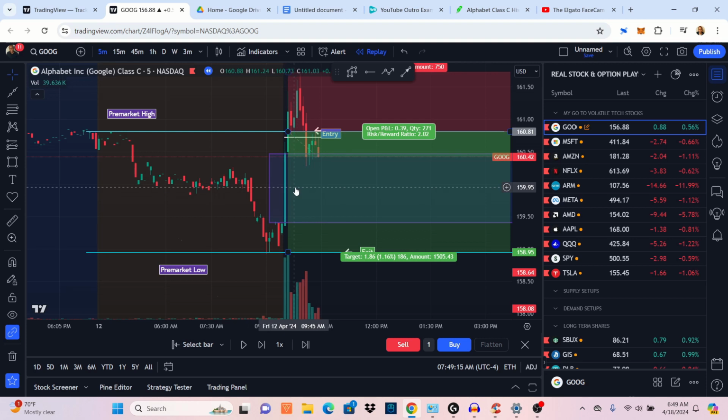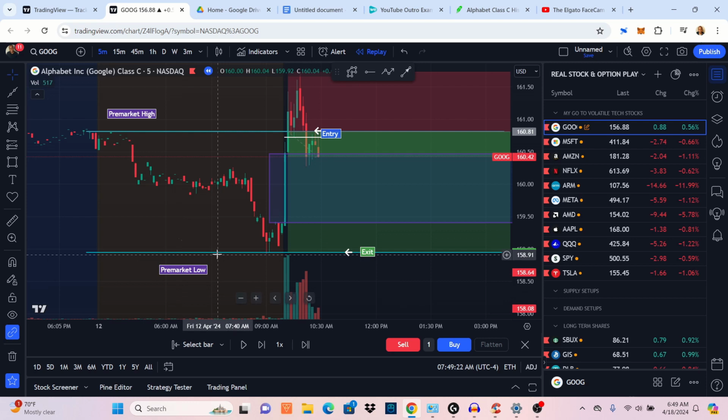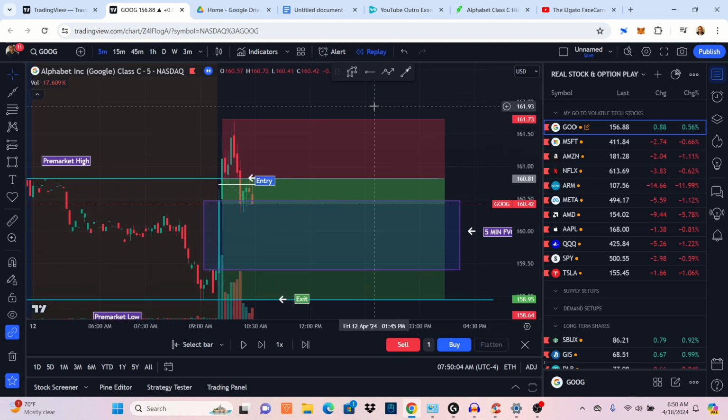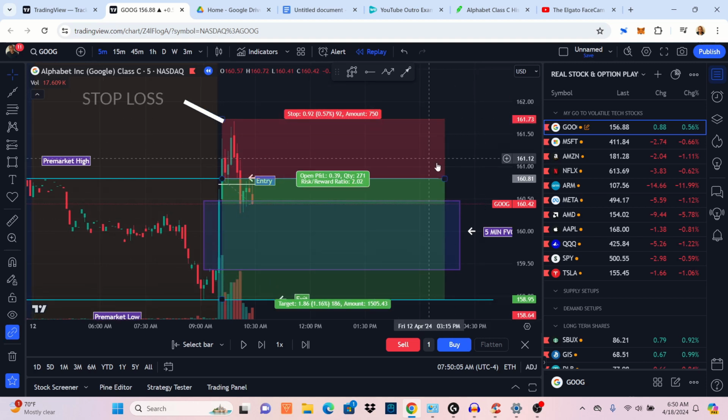Since the pre-market low was the most reasonable target, I decided to create the risk to reward ratio to be a 1:2, targeting that pre-market low. So my stop was right over here, and my profit target was at the 158.96.